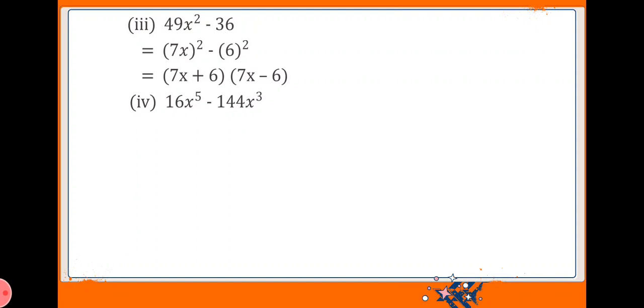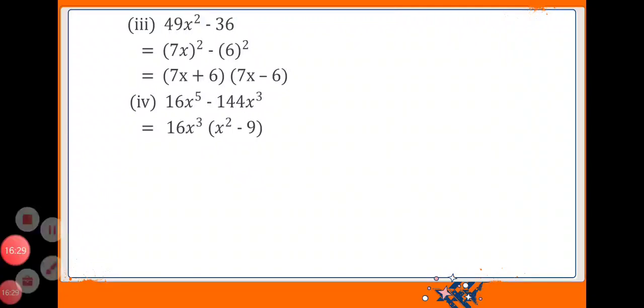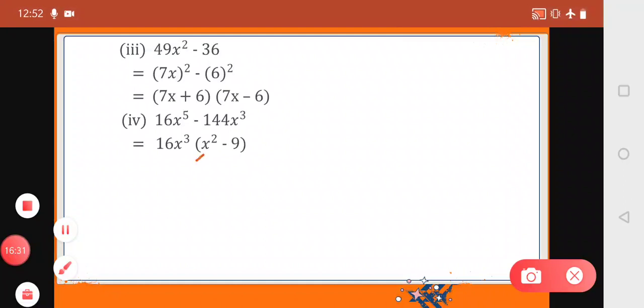So taking out x raised to 3 common, and moreover 16 and 144, 144 also comes in the table of 16. So we can take out 16 also common. So we'll take out 16x cube common. After taking out 16x cube common, from the first term x square will be left, and from the second term 9 will be left, because 16 9s are 144.